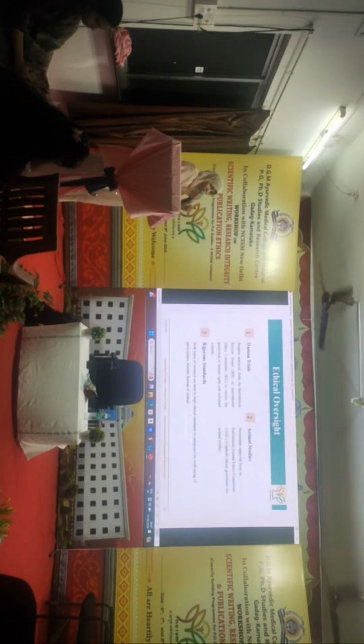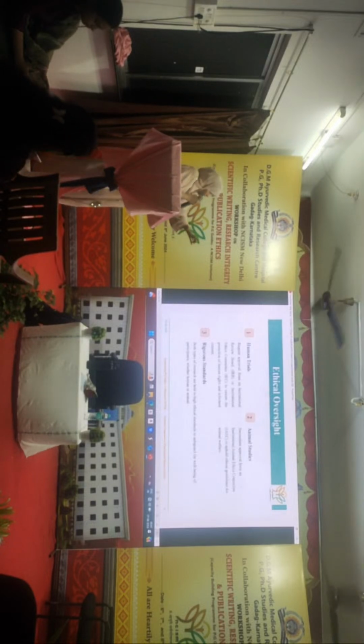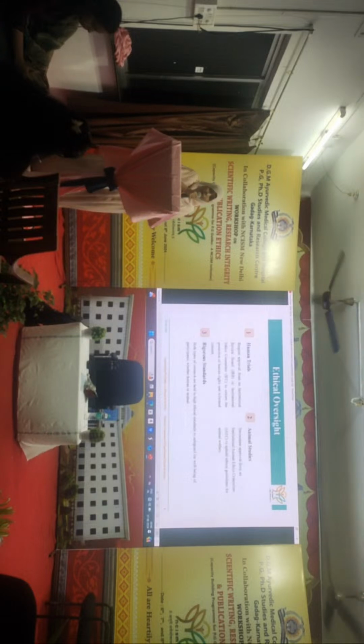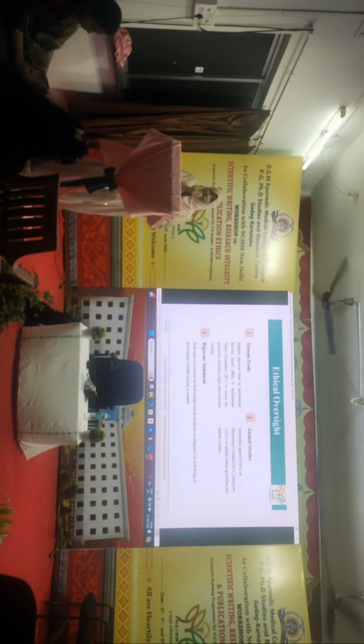It is only for the protection of human rights, and so it is very important to take informed consent. Whereas in animal studies, we have to take Institutional Animal Ethics Committee approval before proceeding with the trial. Both types of research are held to high ethical standards to safeguard the well-being of the participants, whether human or animal.